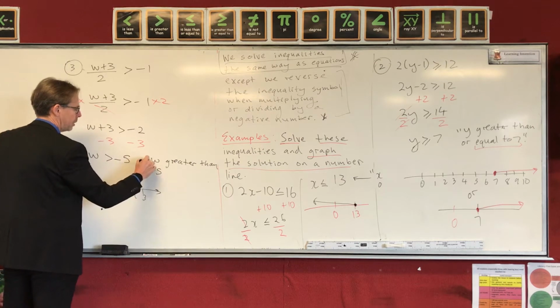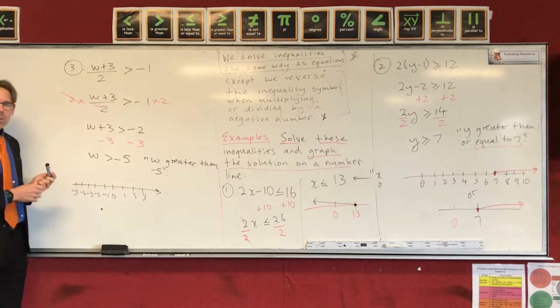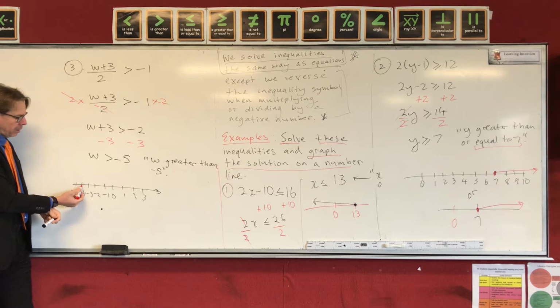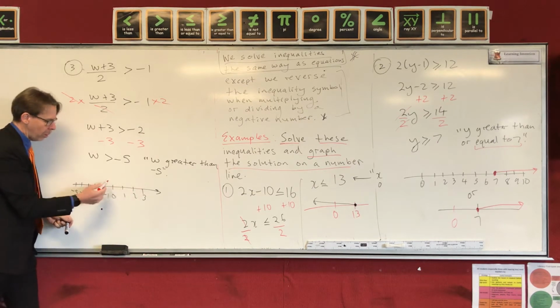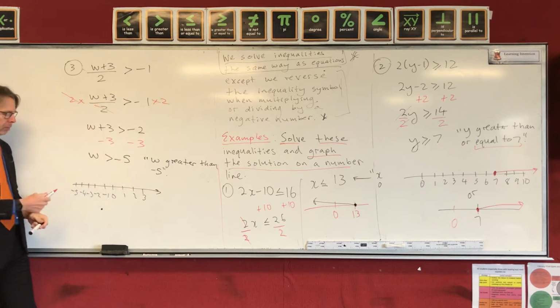Okay? W greater than minus 5. Now, what numbers could that be? Well, it could be minus 4, minus 3, minus 2, minus 1, 0, 1, 2, 3. All of these numbers to the right of minus 5 are bigger than minus 5.